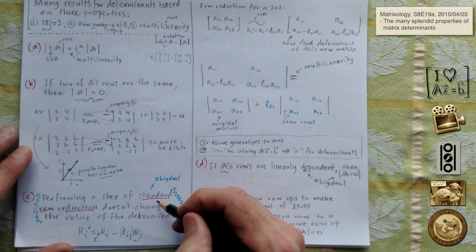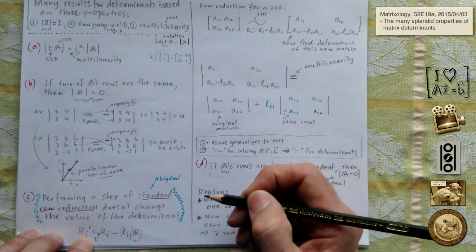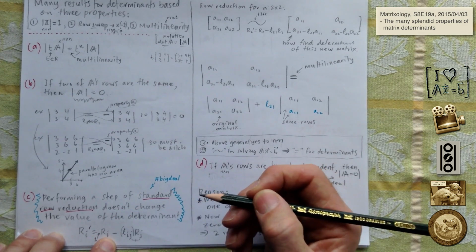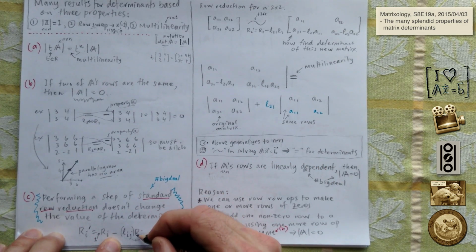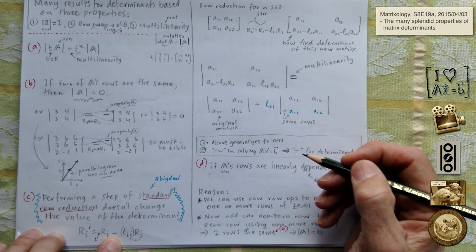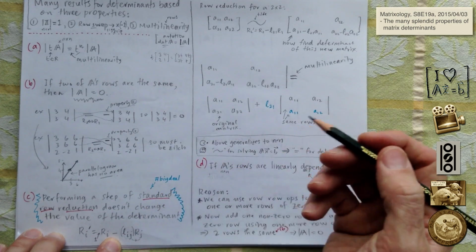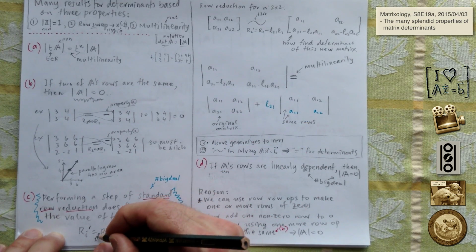So this is a standard row operation. So here's an example. The change in row i is the old row i minus the multiplier Lij times row j. So it could be row 3 prime equals row 3 minus 7 times row 2. And this is indicating there's a 1 here. That's one of the things that we did.